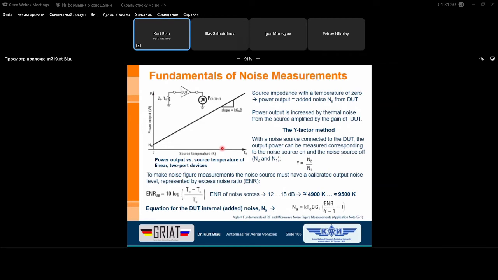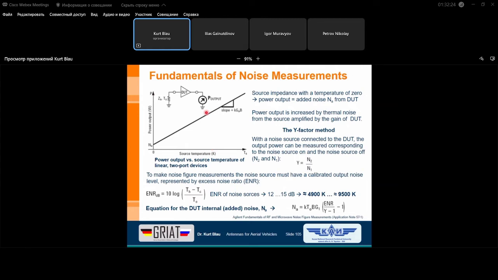Let's say to twice the value, and then you also increase the input thermal noise to another value. For instance, here it's valid for 290 Kelvin, and then we make it higher by physically heating up the source resistance to a higher temperature, let's say 400 Kelvin.